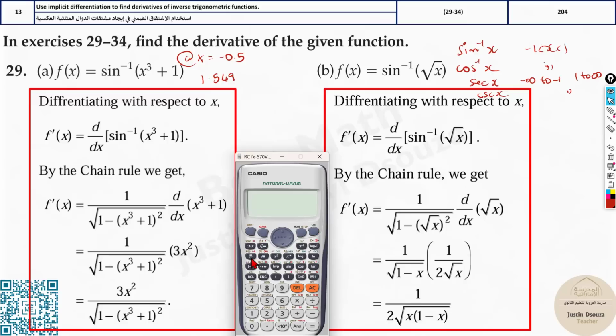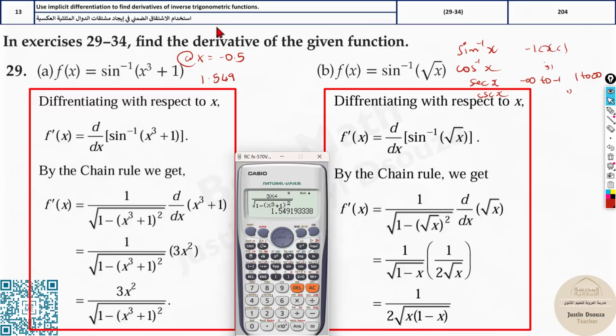Let's put the correct answer in now. It'll be 3x squared divided by square root of 1 minus x cubed plus 1, close the bracket and square it up. Just typing it out, make sure it's typed properly. And now calculate at minus 0.5, which is already typed. The answer is how much?